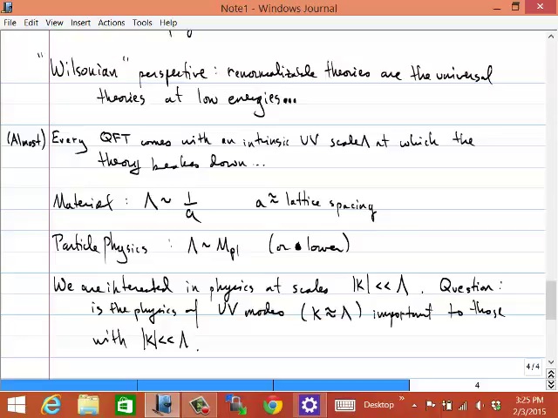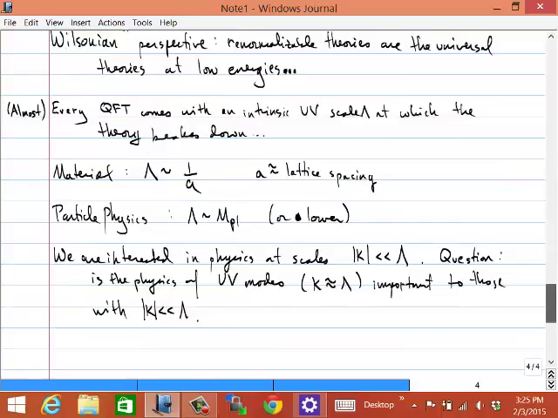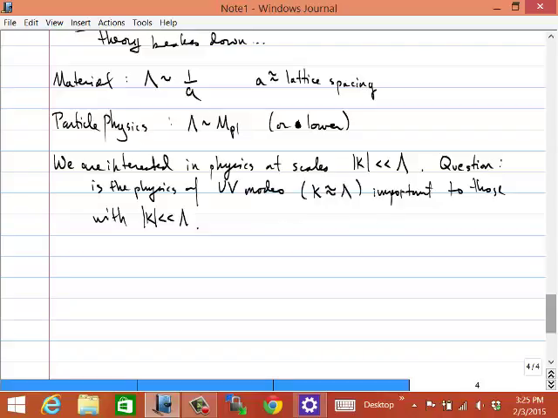So let's just consider a simple example that I'll be analyzing in a bit more detail for the rest of class today. Let's consider again our friendly scalar quantum field theory. In particular, let's imagine that we have a kinetic term plus a bunch of interaction terms.